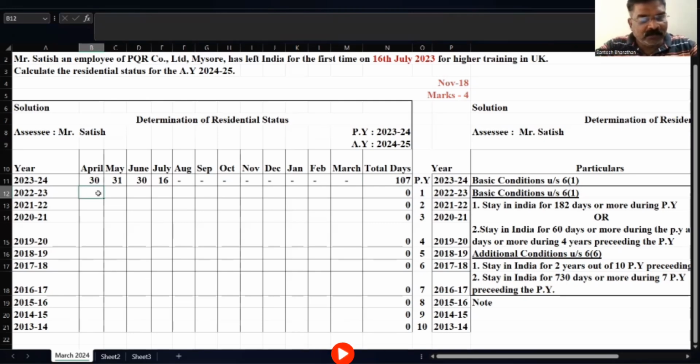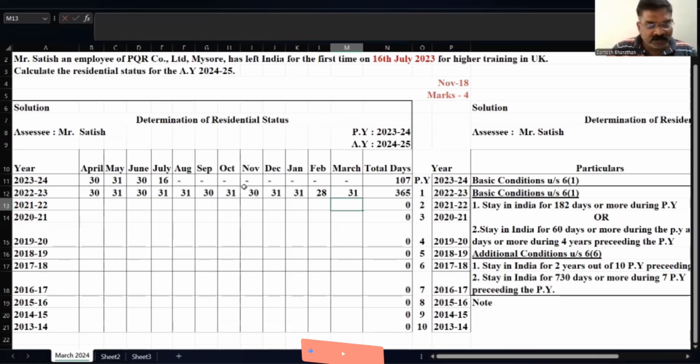Rest all the years he was present. So I'll mention the number of days: April 30, May 31, June 30, July 31, August 31, September 30, October 31, November 30, December 31, Jan 31, February 28, March 31.